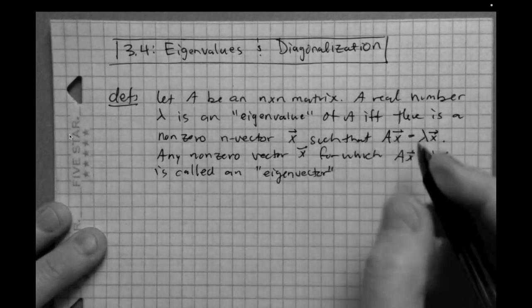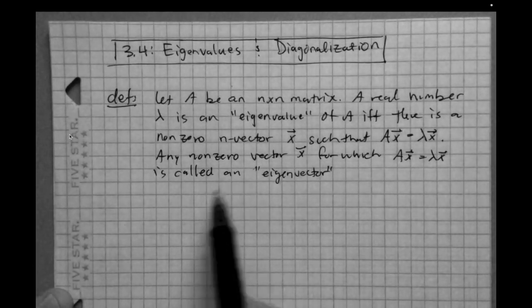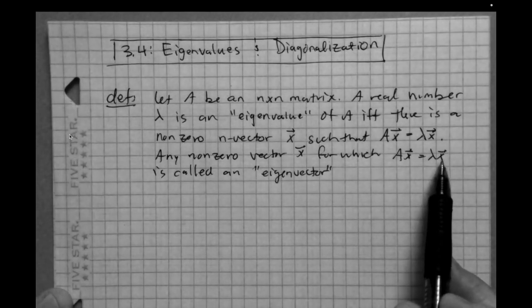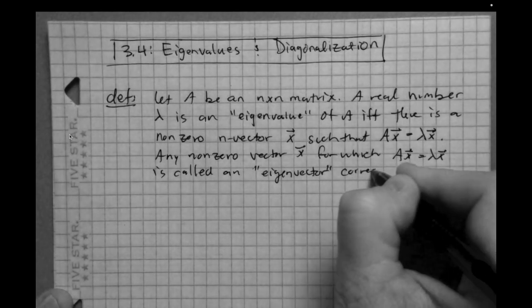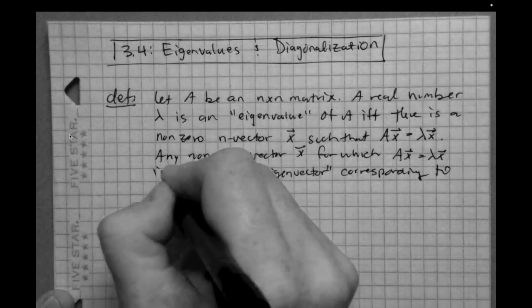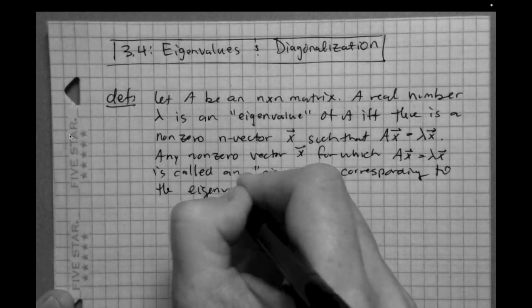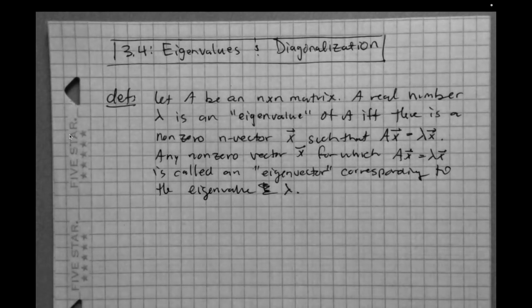We usually have eigenvectors corresponding to some eigenvalue, so this particular x would be an eigenvector corresponding to the eigenvalue lambda. So that's what we mean by eigenvalue and eigenvector.